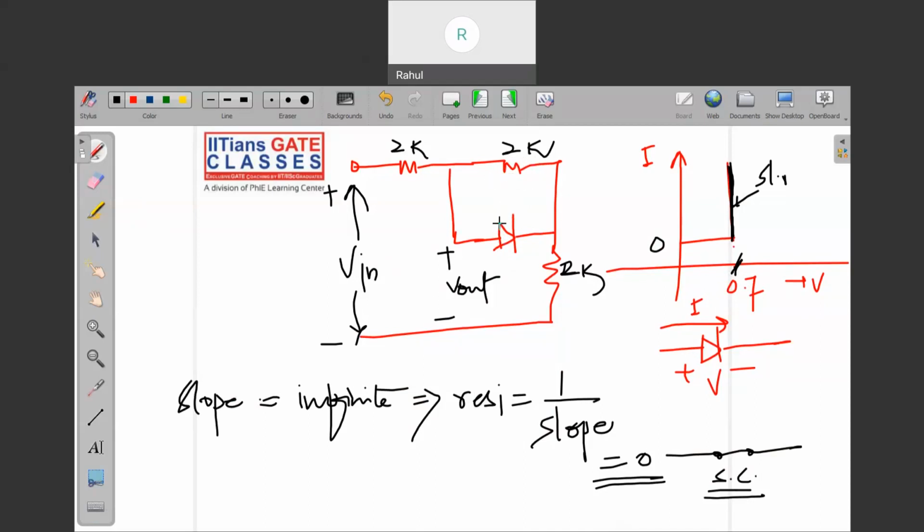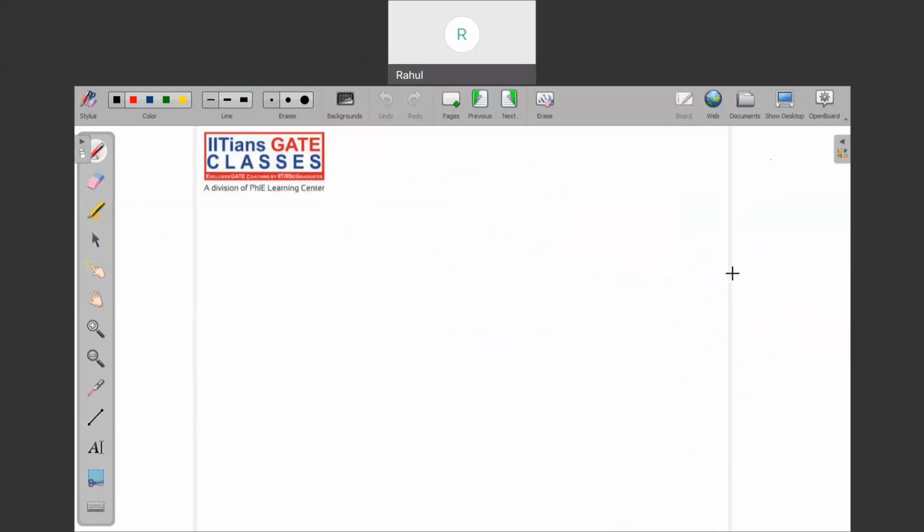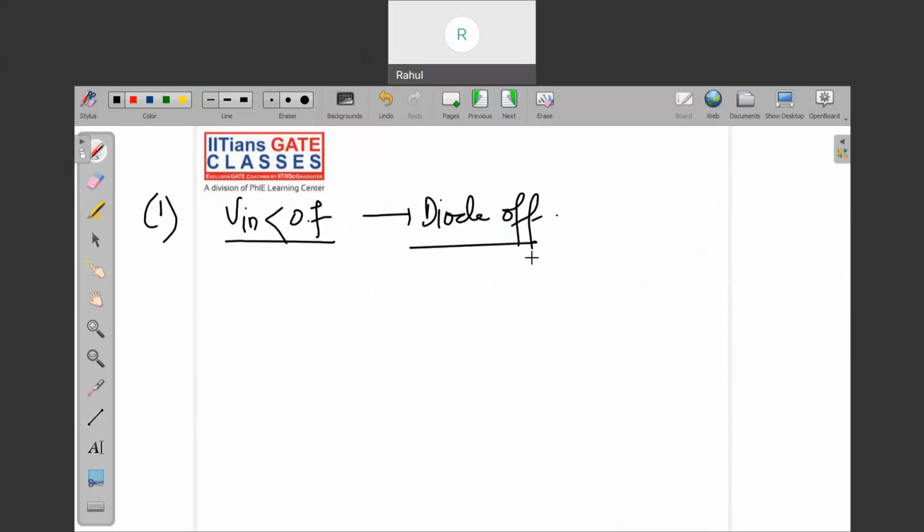So there are two cases. Case number one is when the input is less than 0.7, or you can say the voltage across the diode is below 0.7. So the diode is off, and it can be replaced by an open circuit.